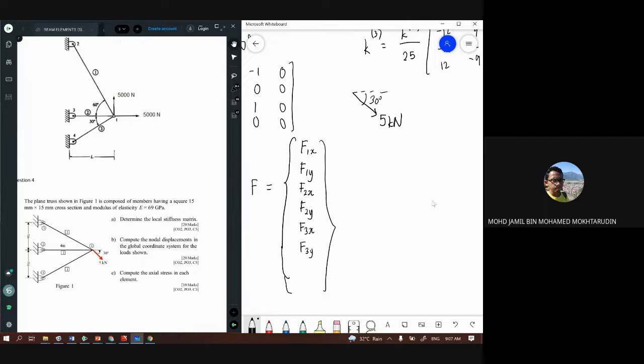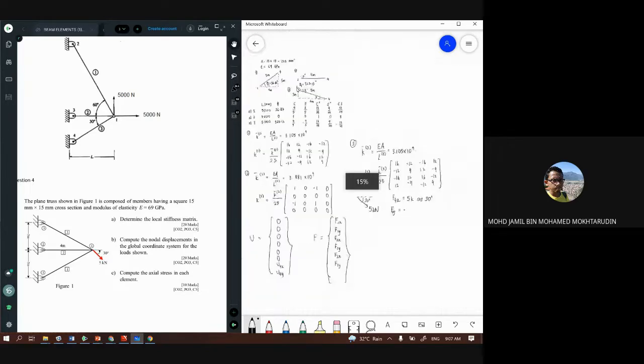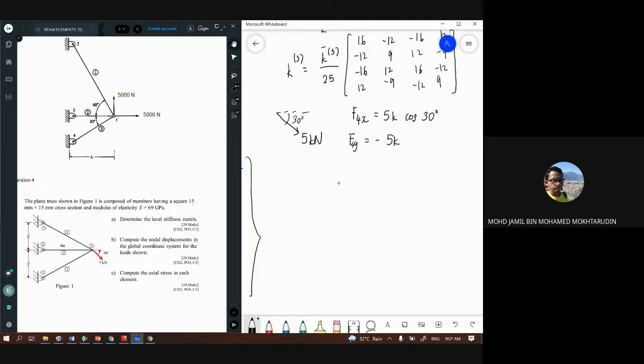If we take the positive direction as F4x, we get 5k cosine 30, and then the y, we get negative. So we take the direction downward as negative and the direction to the right as positive. So we get negative 5k sine 30.